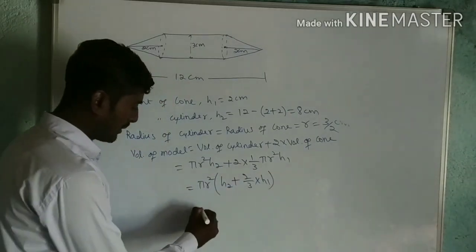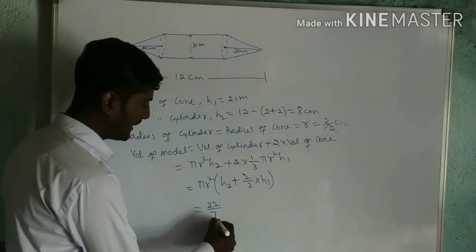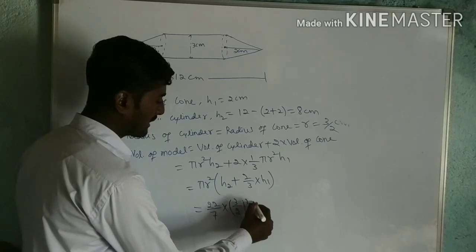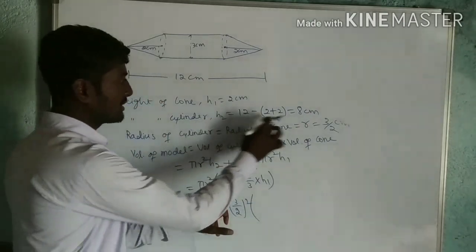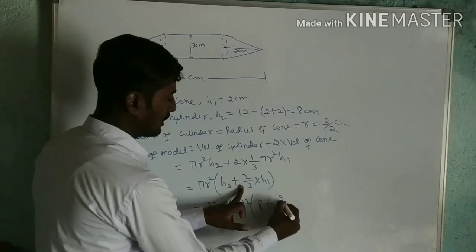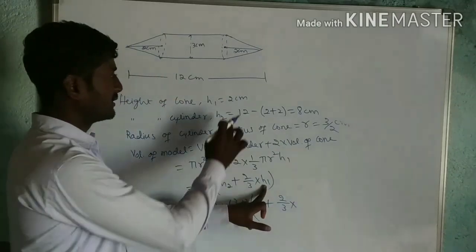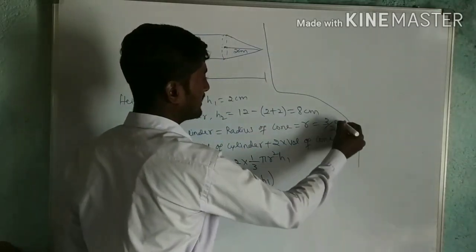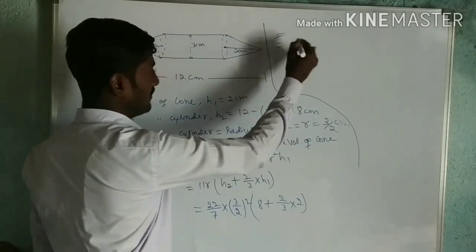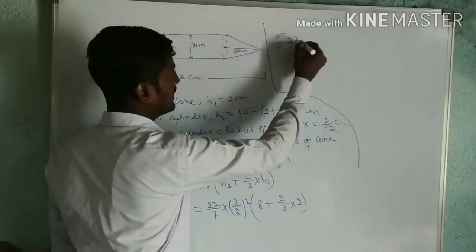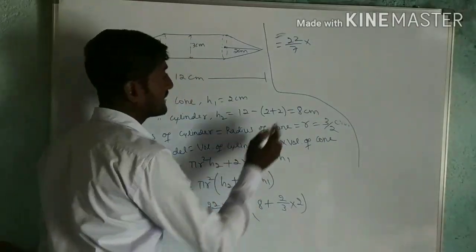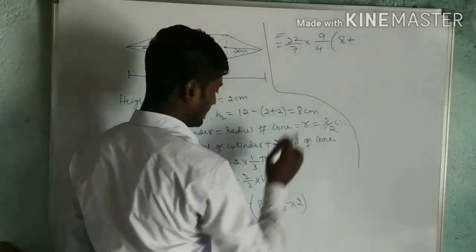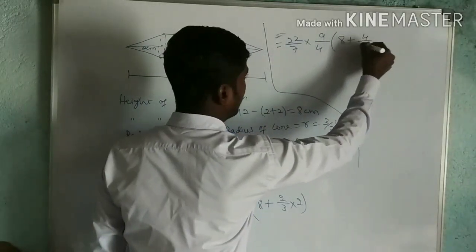Now substitute the values. Pi value is 22 divided by 7, r square is 3 divided by 2 square. Inside, h2 is 8 plus 2 divided by 3 into h1. The h1 value is 2. Now that equals 22 by 7 into 3 square is 9, 2 square is 4, 8 plus 2 twos are 4, 4 divided by 3.